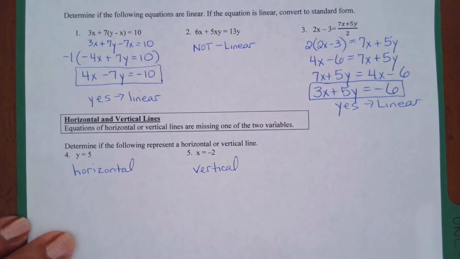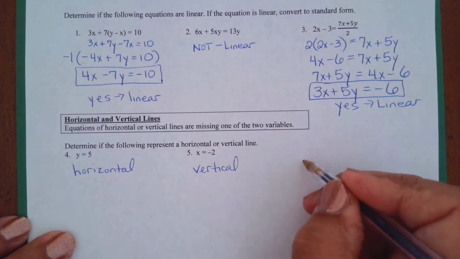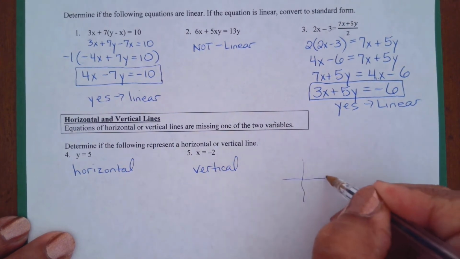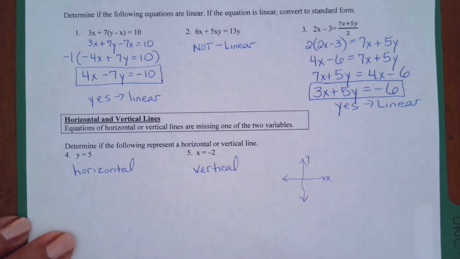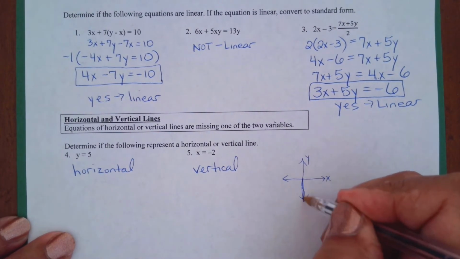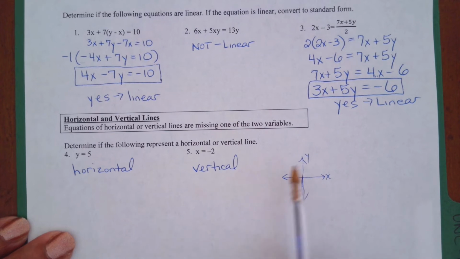And I think for most students, if you just kind of remember your axis, right? This is your x-axis, and then this is your y-axis. So typically you guys remember that x is your horizontal axis. So when you see x equals, you tend to think that's your horizontal line.